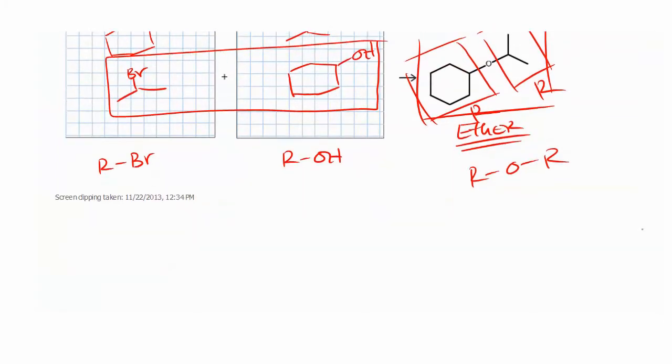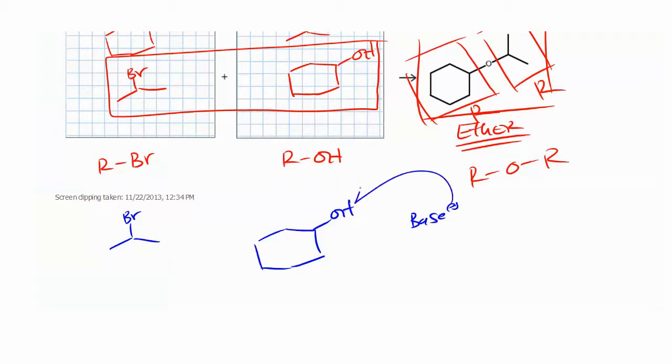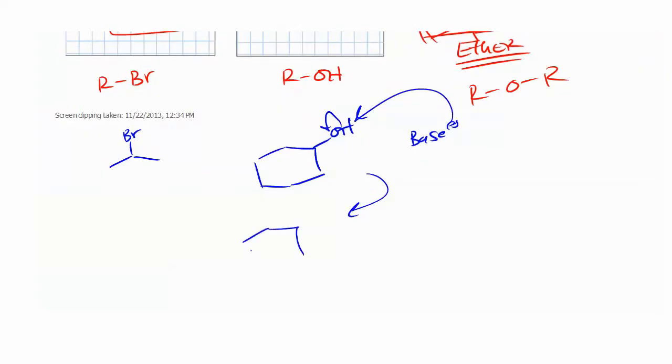What we're going to have occurring is we're going to have this bromine here, and this alcohol, and most likely there will be some kind of base that will deprotonate this guy. Then he gets deprotonated, so we form this alkoxide.